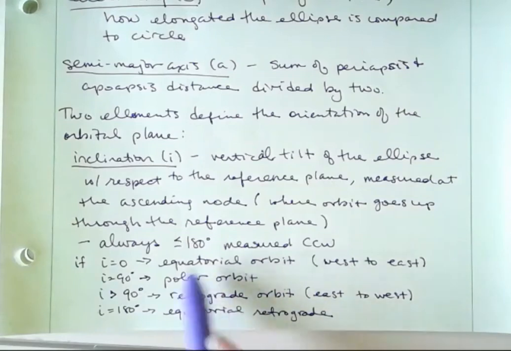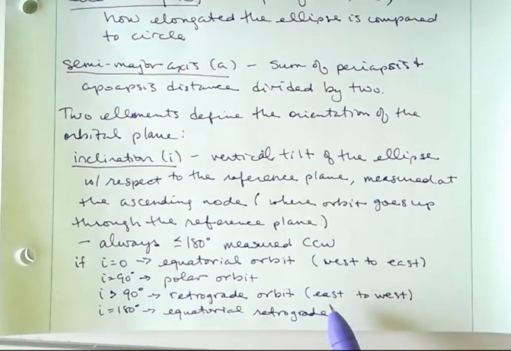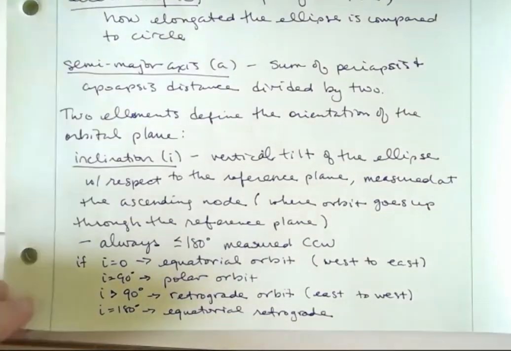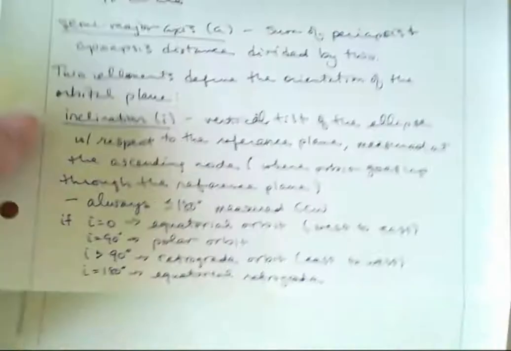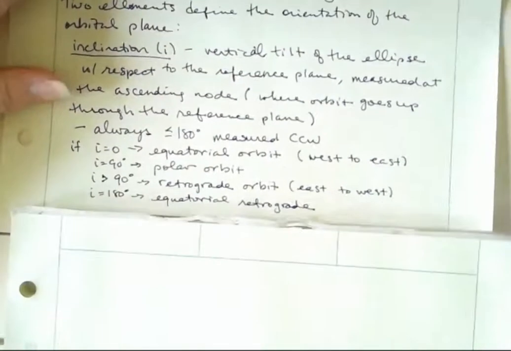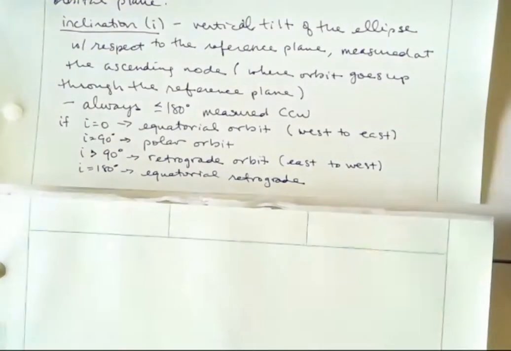Notice when we had just the regular equatorial orbit, we were going west to east. Now we've switched directions, but we're still over the equator. So that's inclination. It just deals with the tilt of the orbit. So we got 3 more of these.